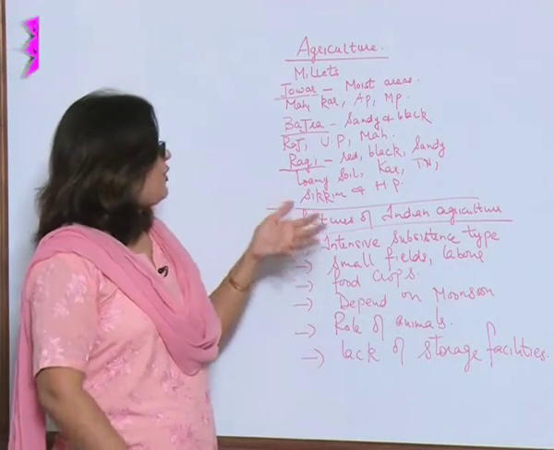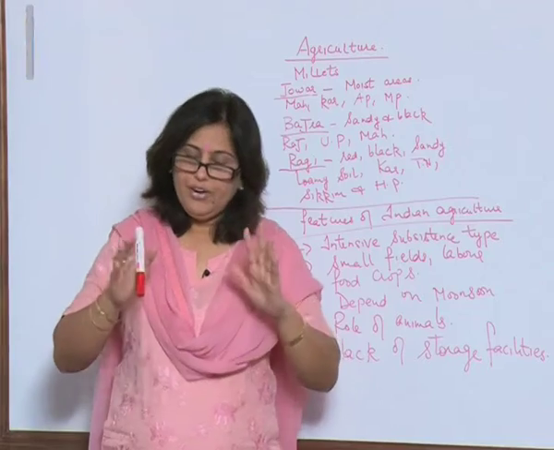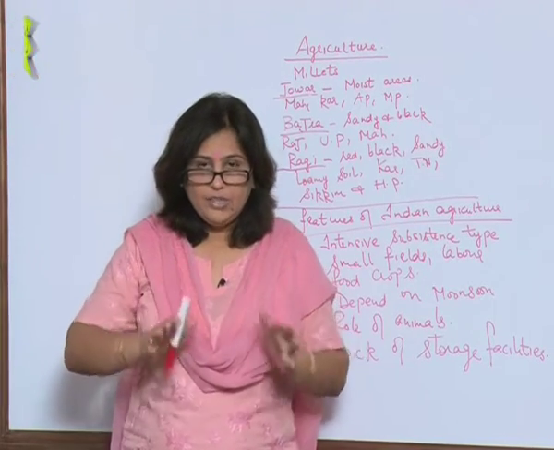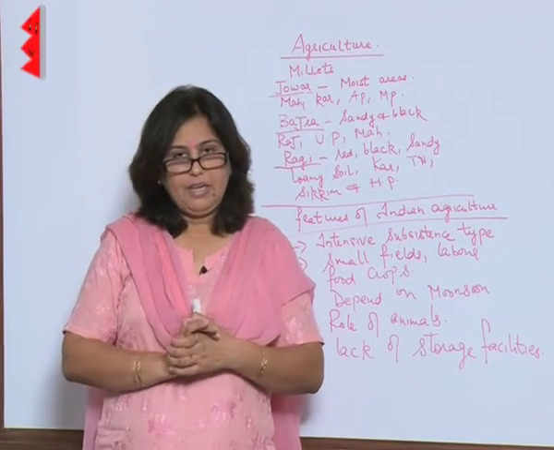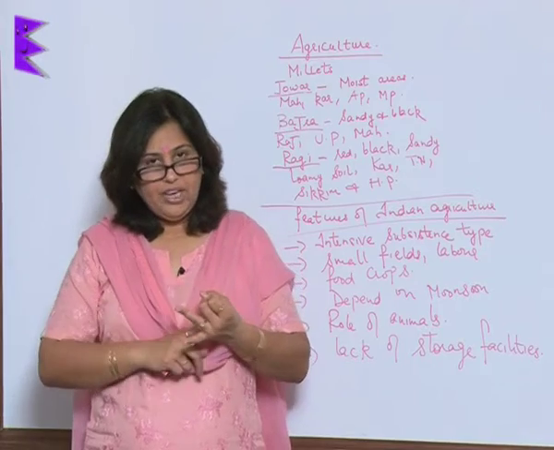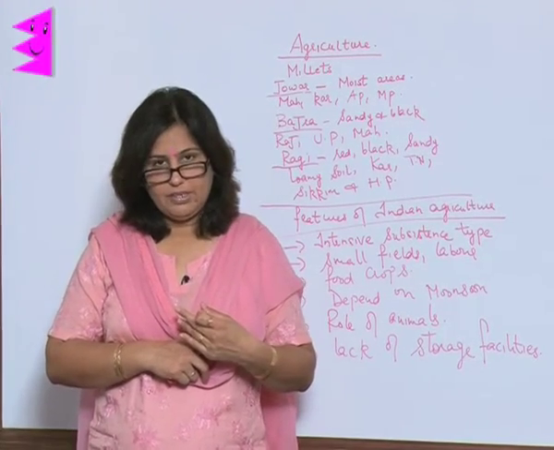Now, let's talk about agriculture in detail. You already know what agriculture is. Agriculture does not merely mean growing of crops. It also means rearing of animals, fishing and also rearing of silkworms.